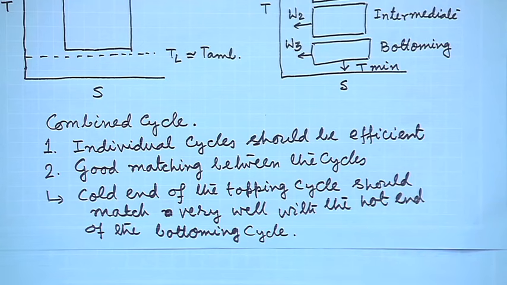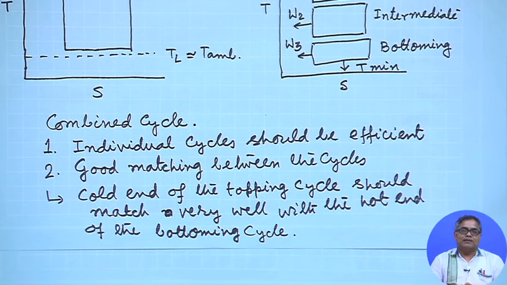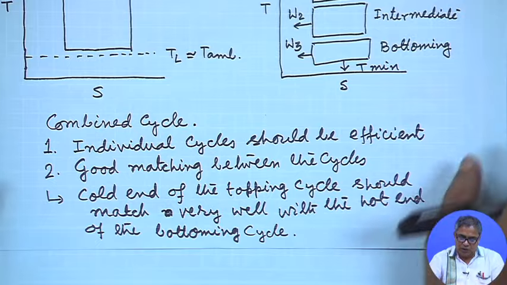So, let me read it once again. Combined cycle, if we have to have a very good combined cycle, then individual cycles should be very efficient, and then there should be a good matching. So, this is thermal matching. We will see it in details as we proceed. So, there should be a good match between the cold end of the topping cycle and the hot end of the bottoming cycle.